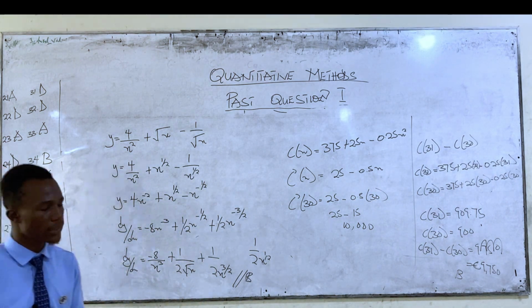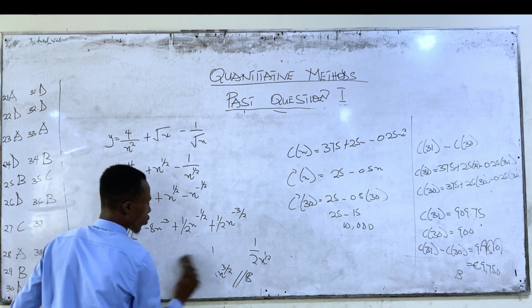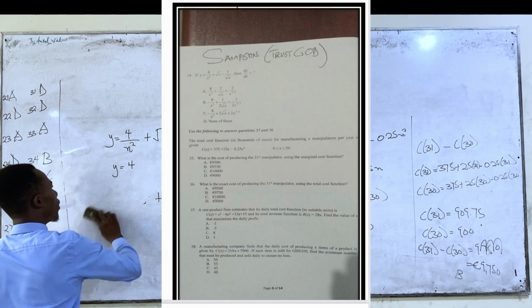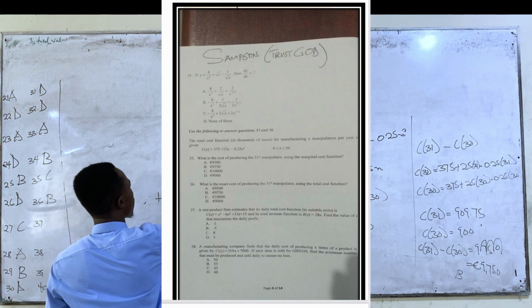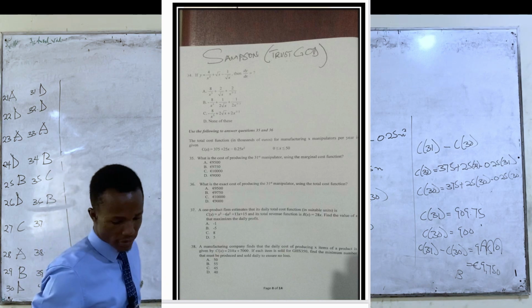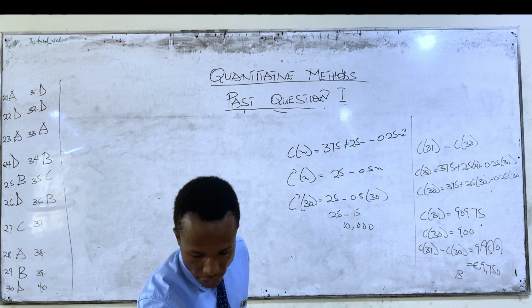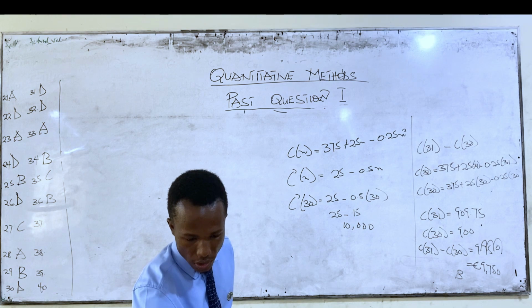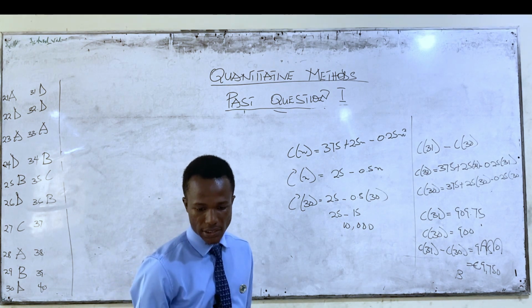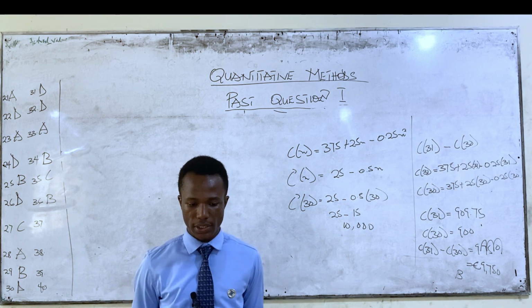Okay, let's look at question 37. For question 37, a one product firm estimates its daily total cost function in suitable units.